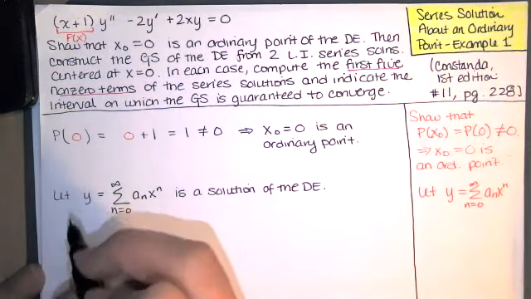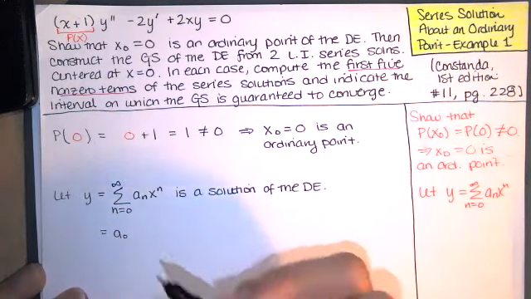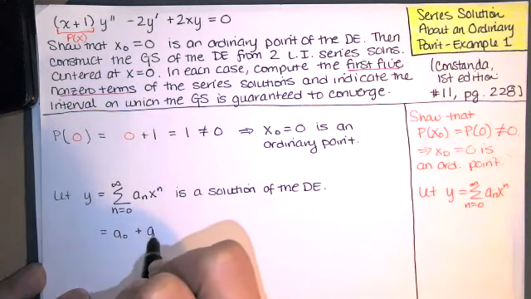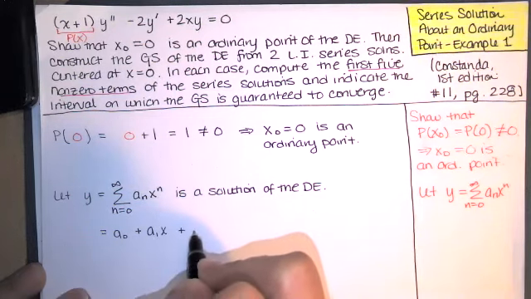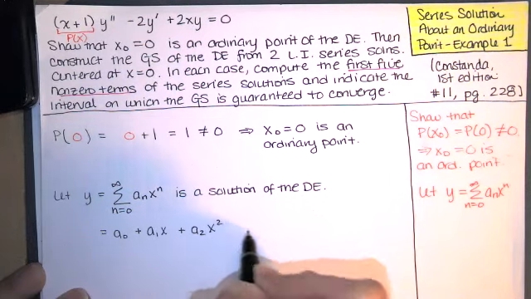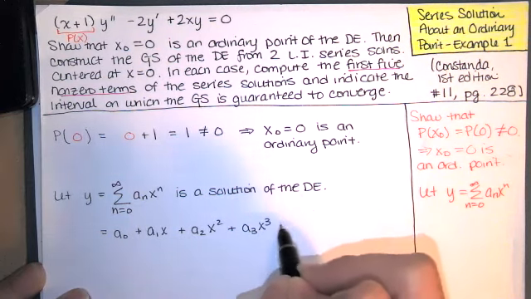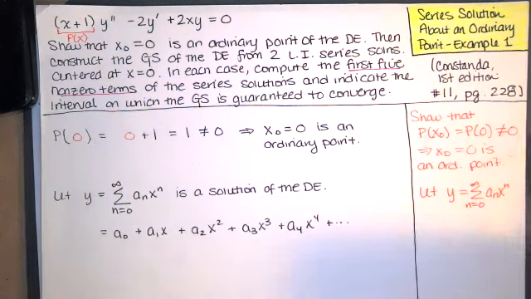Now, if we expand this, when n equals 0, we'll have a sub 0 times x to the 0. When n equals 1, we'll get a sub 1 times x to the first. When n equals 2, we'll have a sub 2 times x squared. When n equals 3, we'll have a sub 3 times x cubed, then a sub 4 times x to the fourth, and so on.